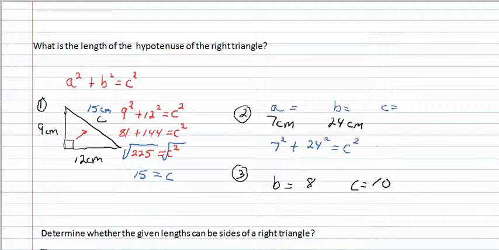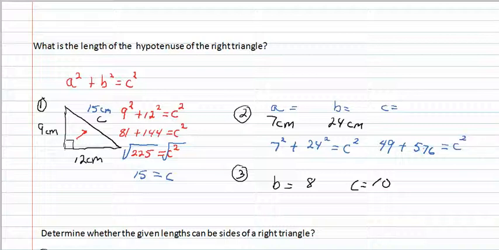Okay, so I can do 7 times 7 is 49. And then I say 24 times 24 is, and I did that on a calculator. You can do it on the side, or if you have a calculator handy, go ahead and use it. Is 576, and I have my c squared.